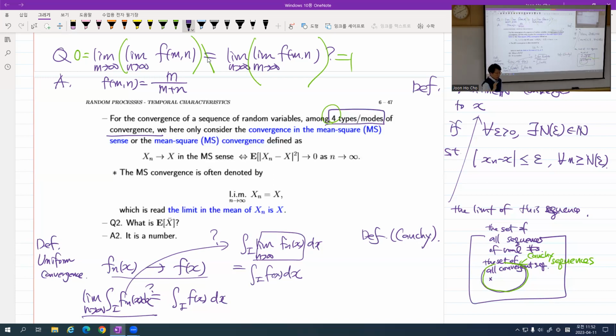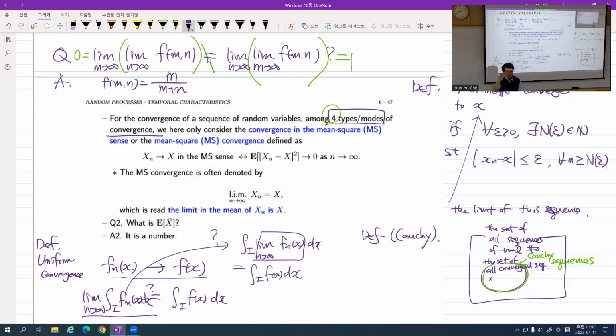Similarly, when we talk about the convergence of a sequence of random variables, uniform convergence is never useful. So we just never talk about uniformly convergent sequences of random variables.